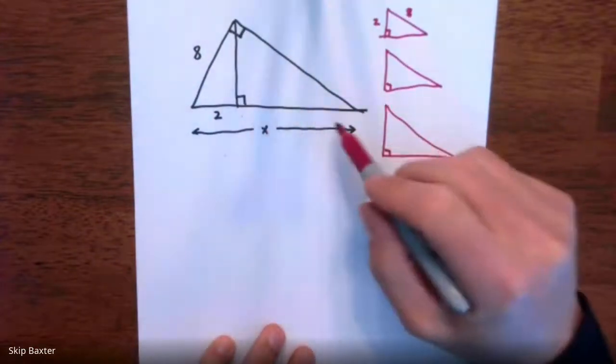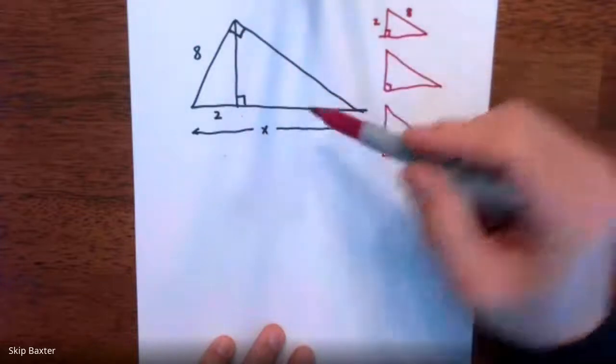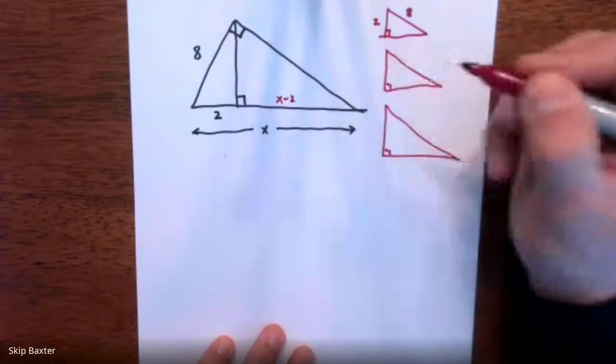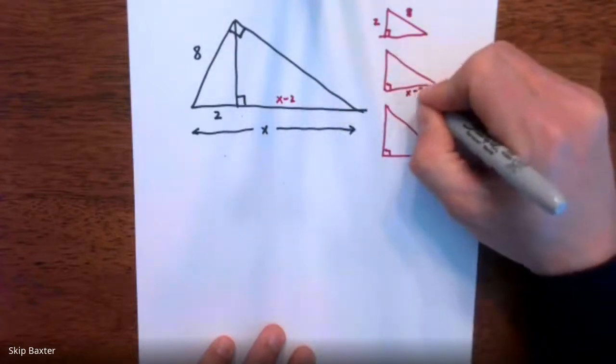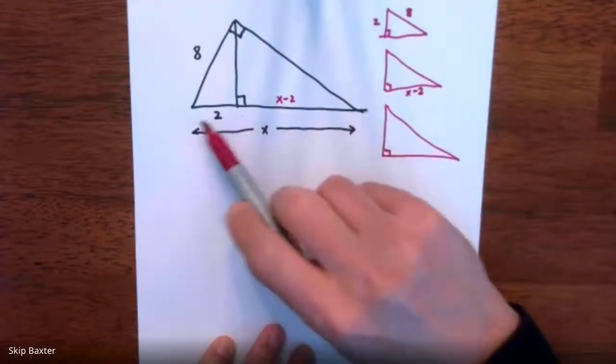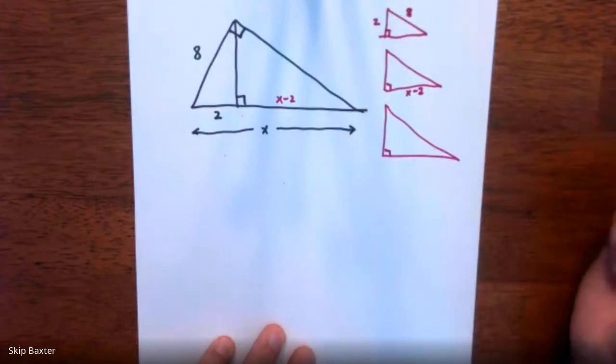The middle triangle, I don't really know any lengths of the sides of the middle triangle. I mean, I could say that this side right here is really like x minus 2. That's definitely true. They didn't give us that explicitly, but we can just deduce that. If the whole thing is x and that part of it's 2, then that part has to be x minus 2.